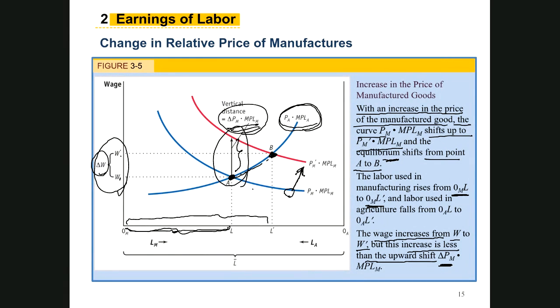If this one is vertical, the increment in the wage will be exactly the same as the increment in the price. It's because of the slope of this line that they have some difference here.